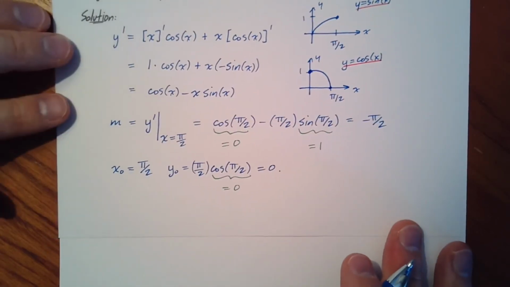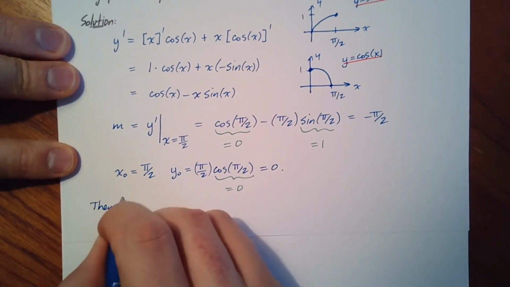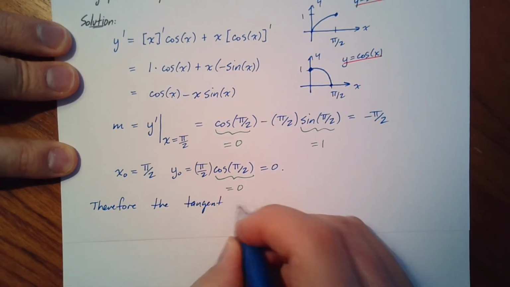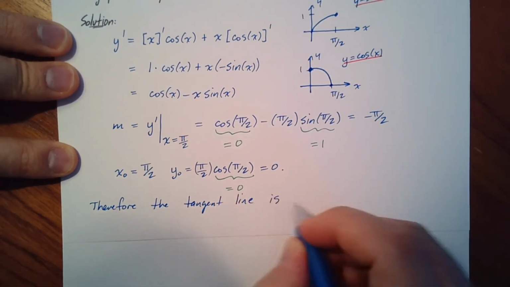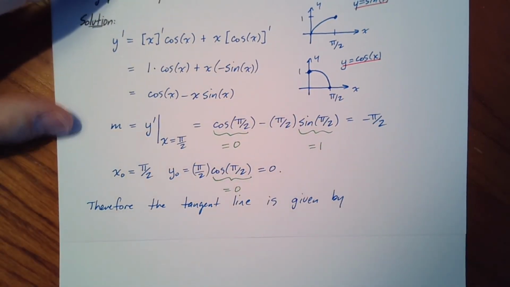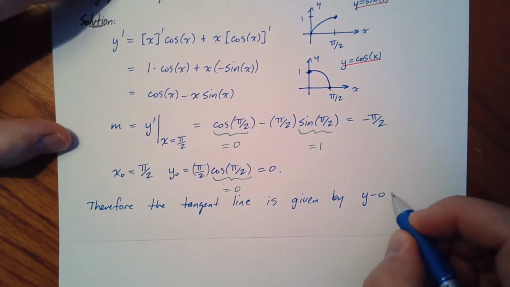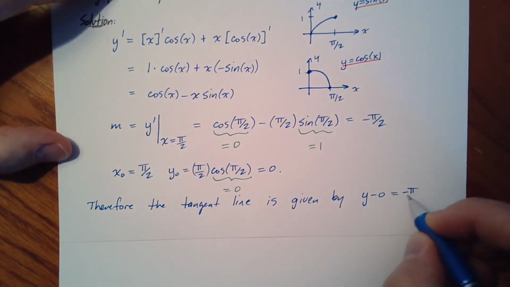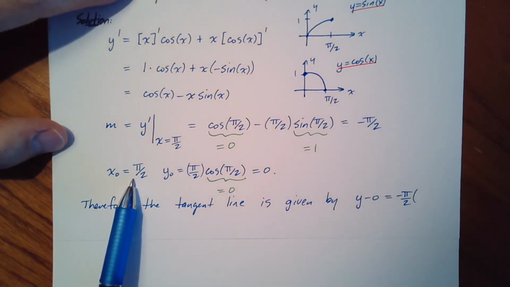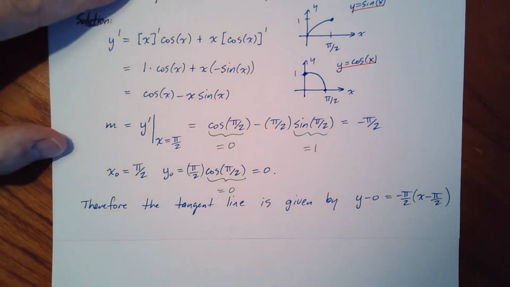So I'll just slide this down to the bottom. We can say, therefore, the tangent line is given by, well, we can say y minus 0, because it's y minus y naught, is equal to negative pi over 2 times x minus x naught, and x naught is pi over 2, so we're going to have x minus pi over 2.